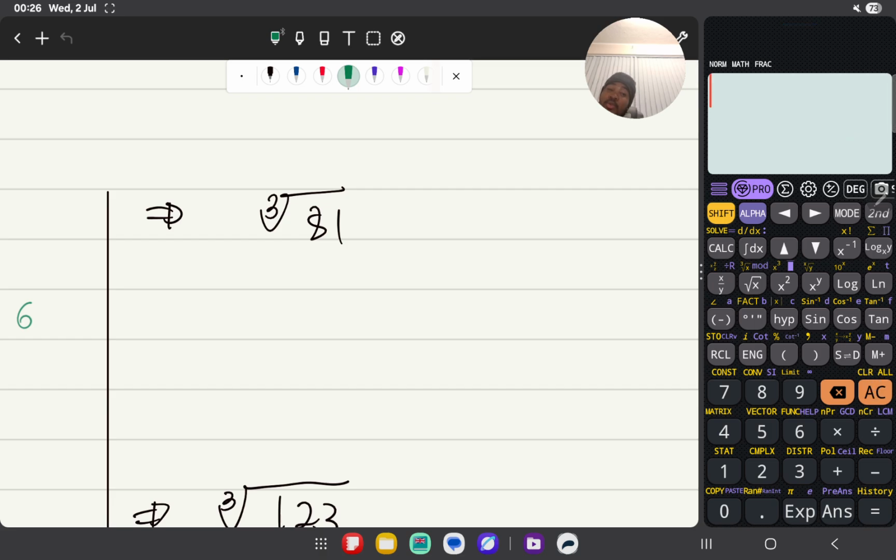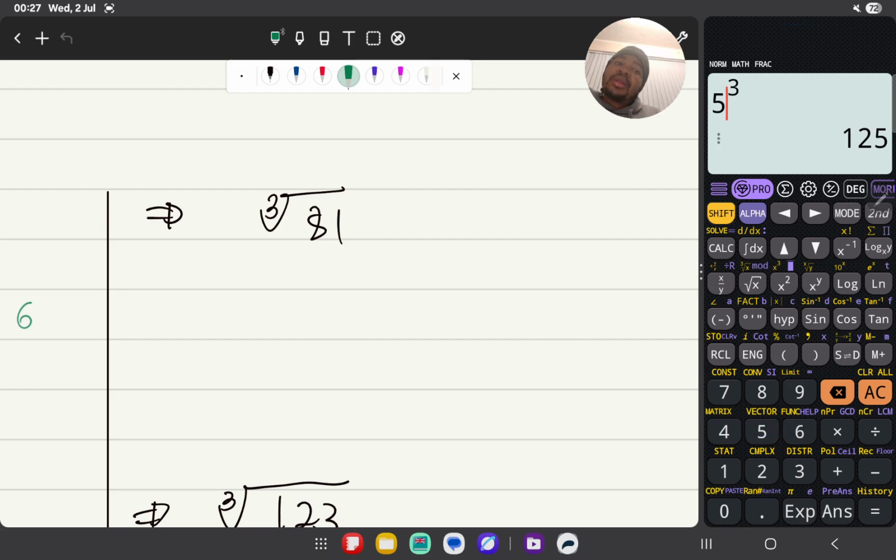So now look at where we are. We have a cube root of 81, so we now have to think in terms of cube roots. Let me start from 60. I know 4 to the power of 3 gives me 64. How about 5? 5 to the power of 3 gives me 125.